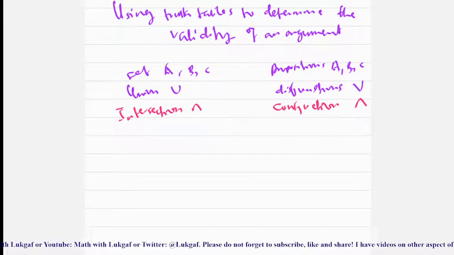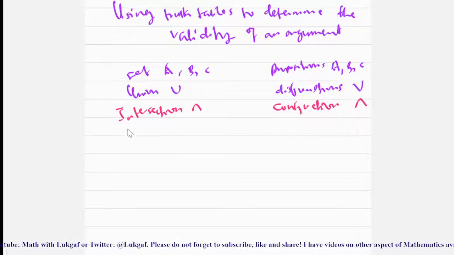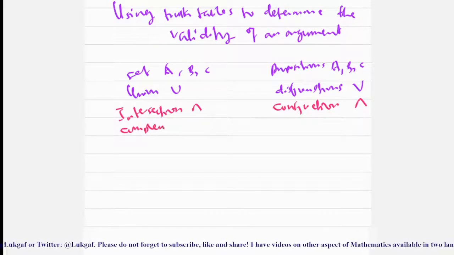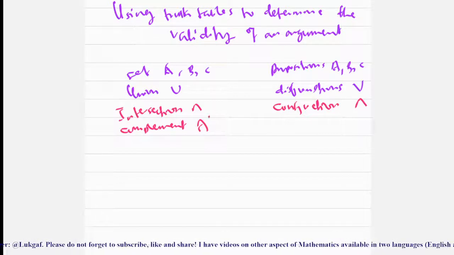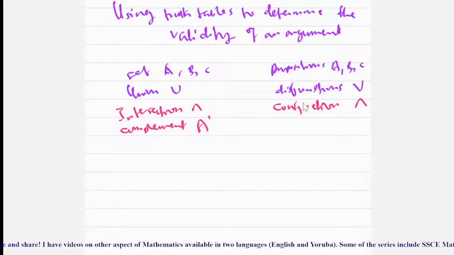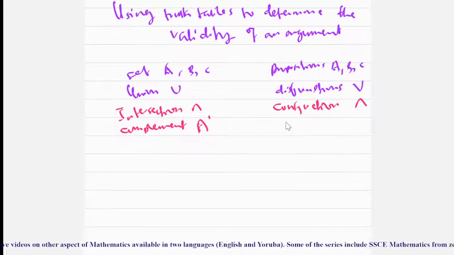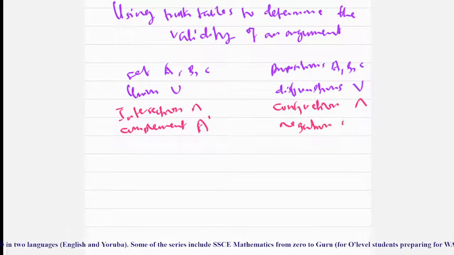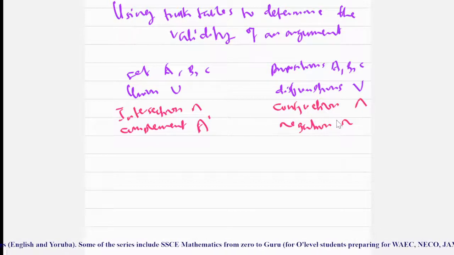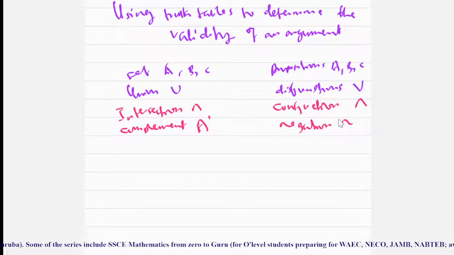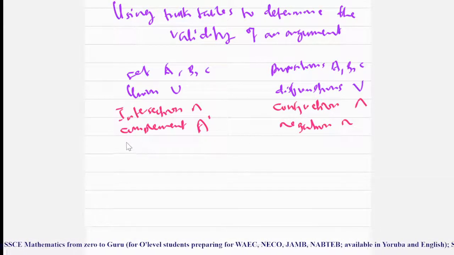Likewise, if you are talking of complement, for example, when I say complement of a set A, that is the elements in the universe set that are not in A. So then you'll be talking of a similar term in logic, which is called negation. Recall negation of a proposition is true when its truth value is false, and it is false otherwise.